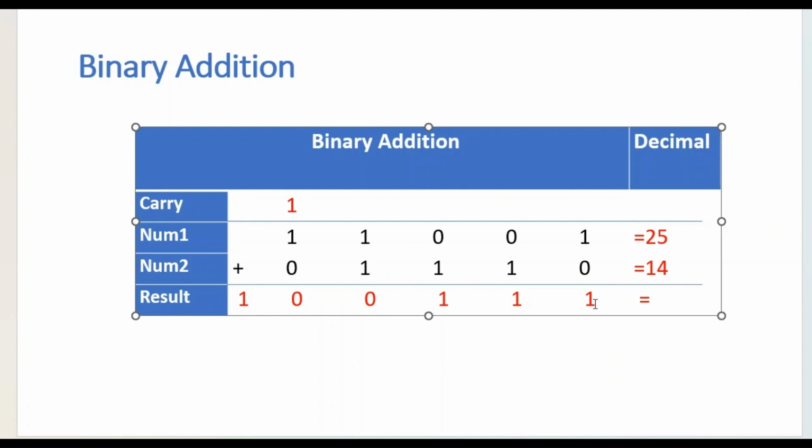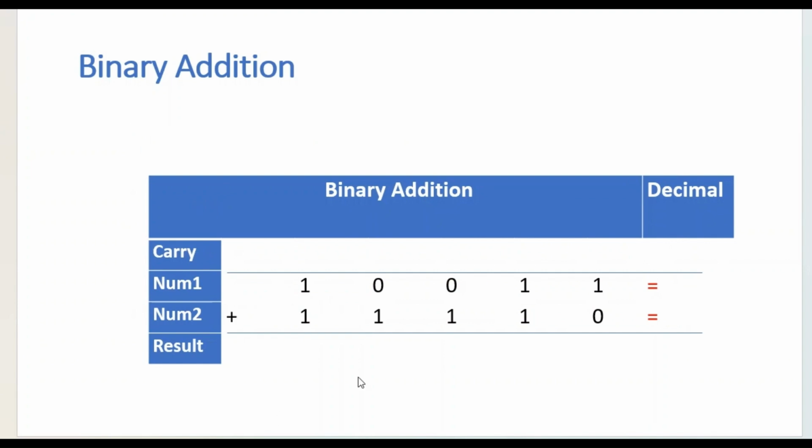Now let's see this number. This is 32 plus 7 is 39. And you can also verify that the addition of 25 plus 14 is 39.